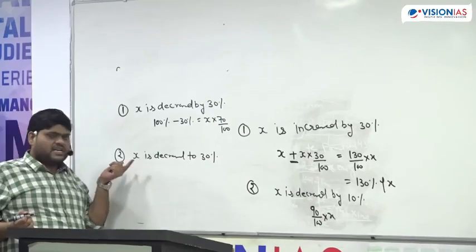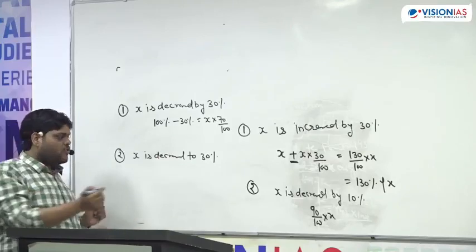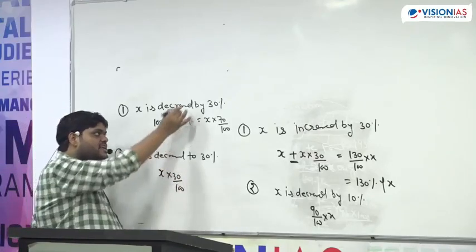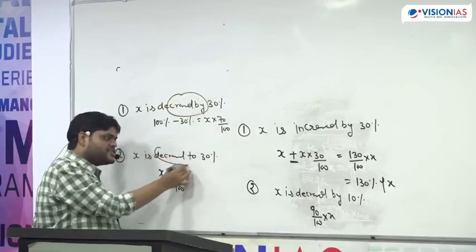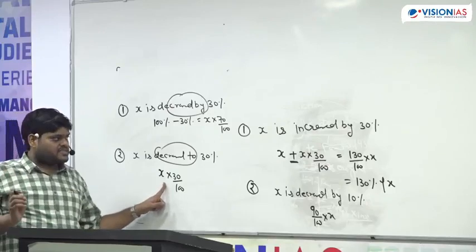The second concept is x is decreased to 30%. That means now the value itself becomes 30%. It is not decreased by, it is decreased to. That means now the value becomes 30%.